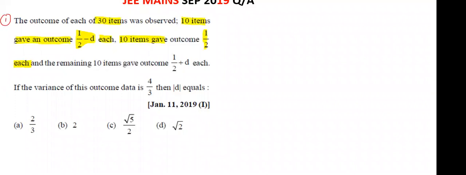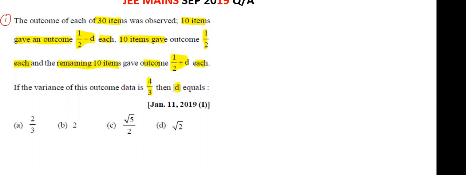This is also 10 times repeated. The remaining 10 items gave outcome 1/2 plus d each. This is also 10 times repeated. If the variance of this outcome data is 4/3, then find modulus d.